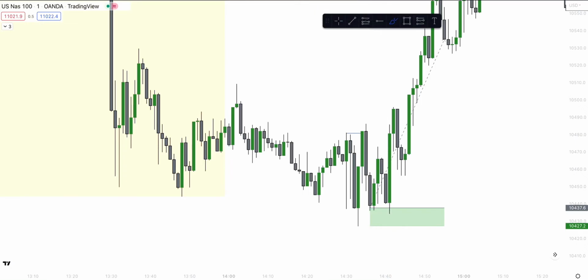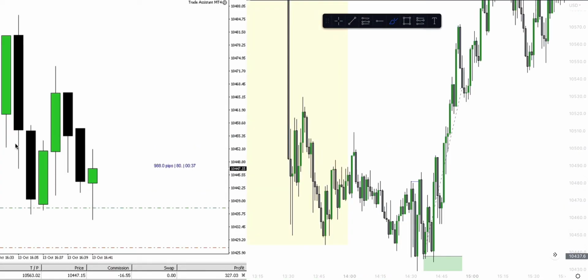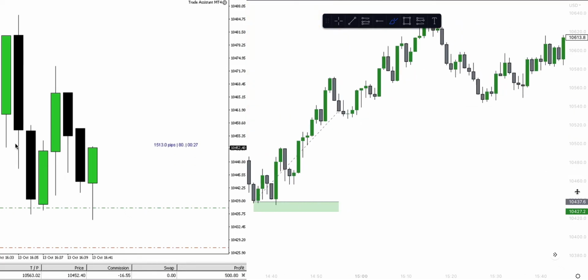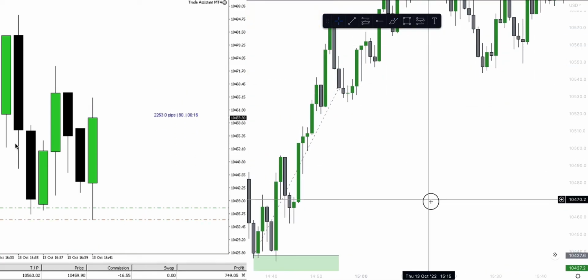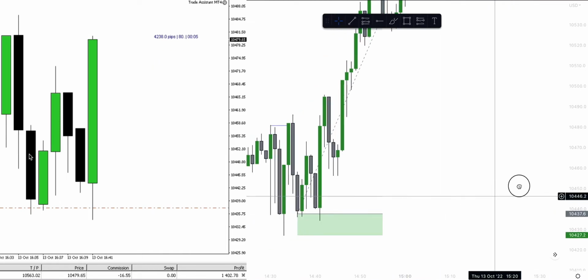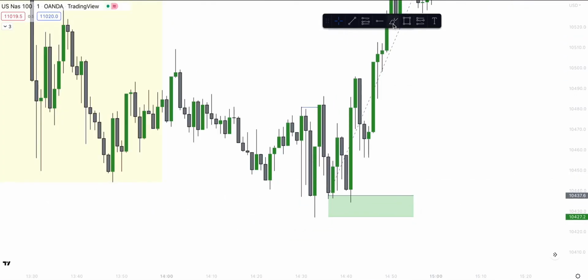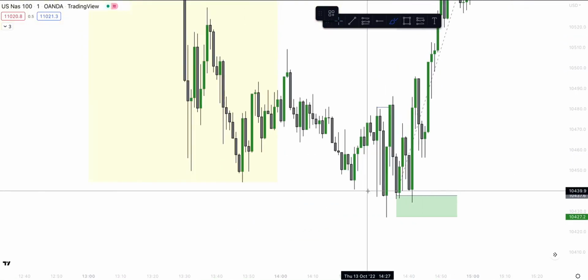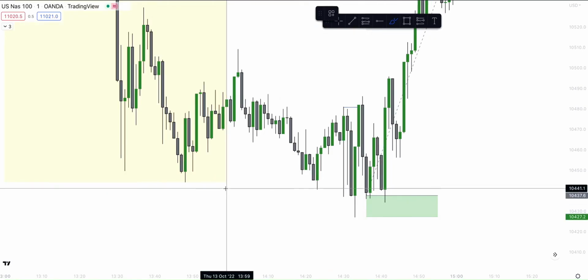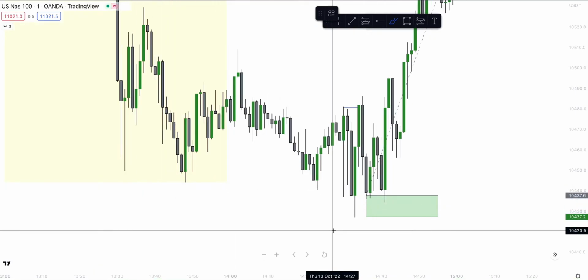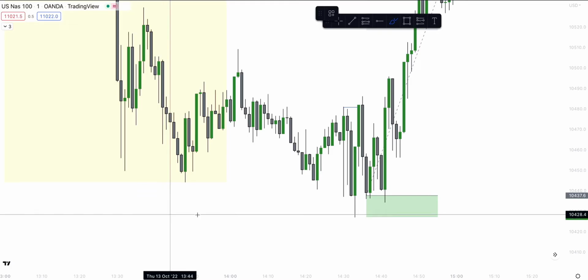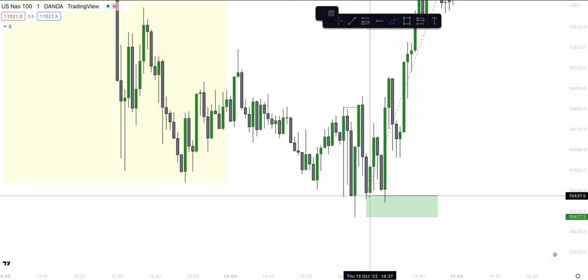As you can see on screen now is how we took the position and how we managed the position. So when we're trading this volatile movement and this extreme news, we don't know which way price is going to go. So we're expecting a retracement up, hoping that the liquidity that's been taken from the left on the weekly is enough to push price.